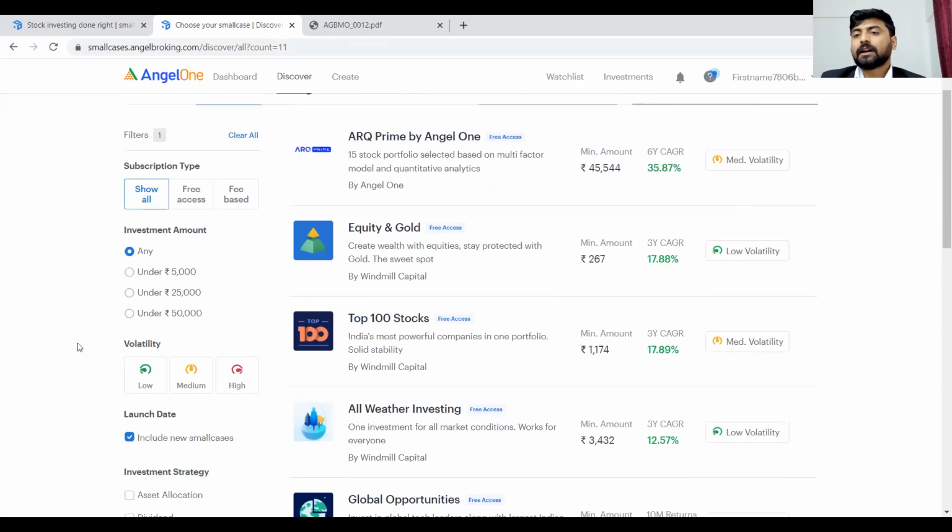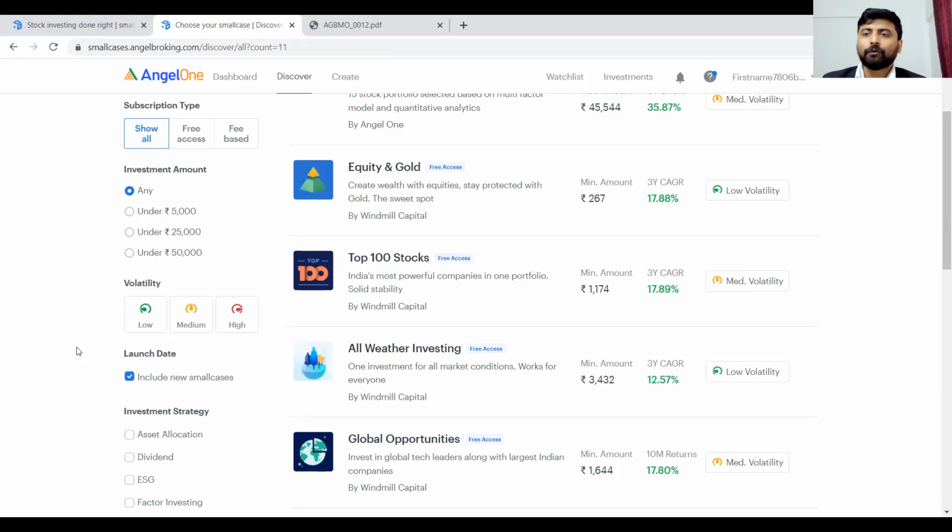Now, the second option available is naturally going to be volatility. This is something that all our users tend to use. Before investing in a small case, we need to understand the most fundamental question: isme risk kitna hai? To understand that, we are going to use the volatility filter here.